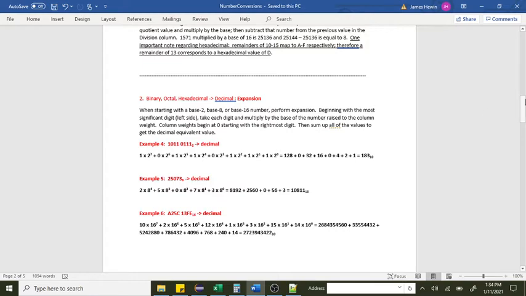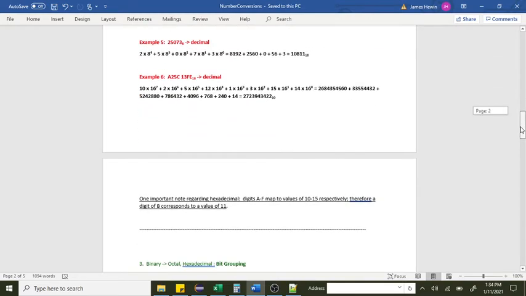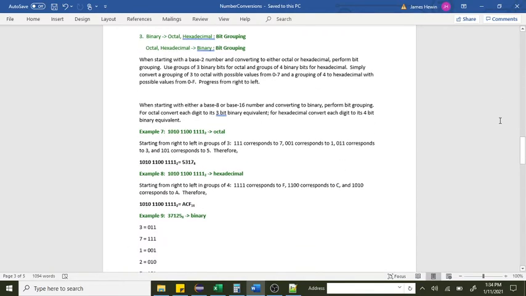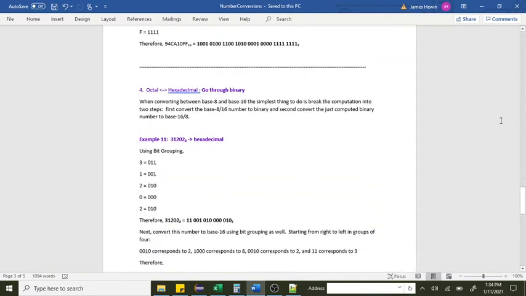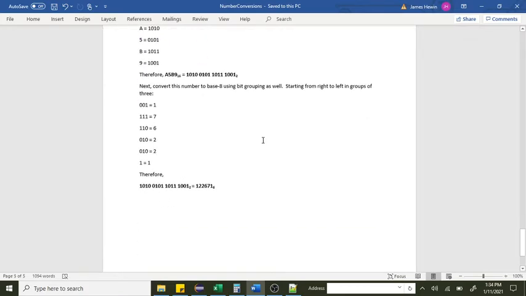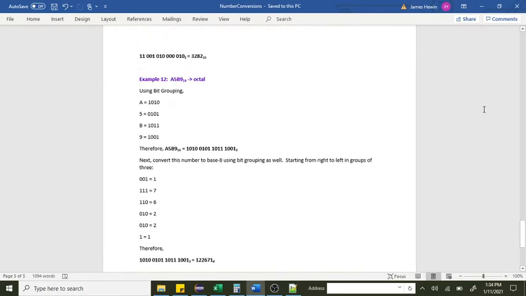The third group is going from binary to octal or hexadecimal, or octal or hexadecimal to binary. That's what I call bit grouping. The fourth category is when you're going between octal and hexadecimal. So these are the four categories of different ways to do the conversions.